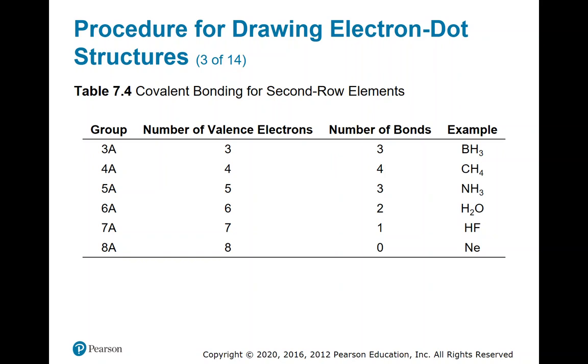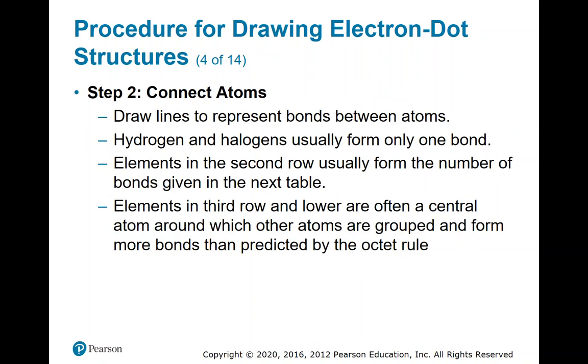So HF, for instance, hydrofluoric acid or hydrogen fluoride, I guess, if it's not dissolved in water, just has 1 hydrogen-fluorine single bond. And of course, as we know, neon, like pretty much any noble gas, doesn't form compounds at all, so it's not going to bond to anything else. You can't form a bond between neon and hydrogen. So that recaps what the general trends are there.